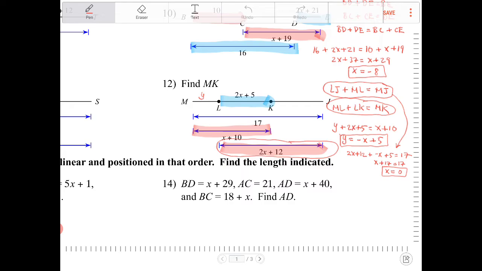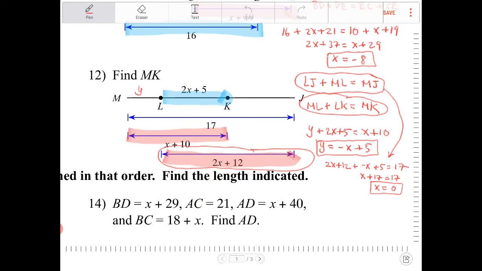What does MK equal? Well, since x is equal to 0, I didn't answer the question. I need to find MK. And MK is equal to x plus 10. So therefore MK will equal 10. Okay?